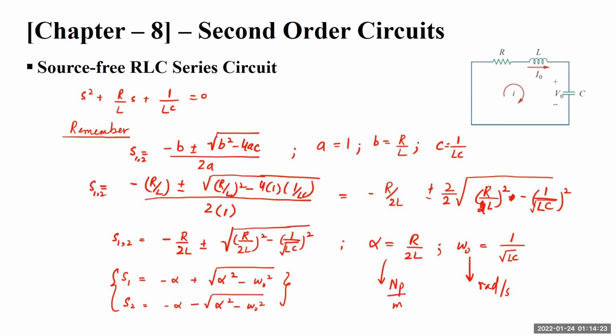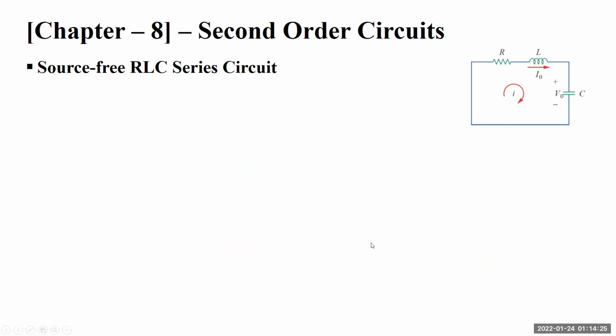So we have S1 and S2. These are the natural frequencies of the circuit.